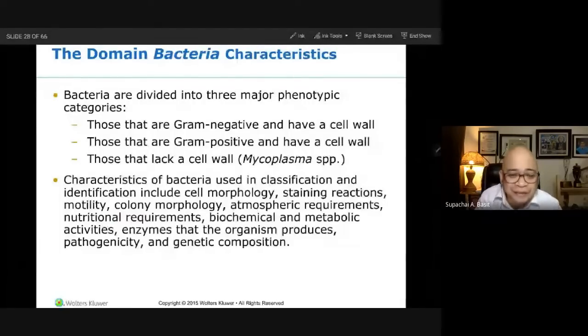This includes cell morphology, so we can classify whether they are cocci or bacilli. Staining reactions, whether they are gram-positive or gram-negative. Motility, whether they are motile or non-motile, depending on whether flagella are present. Colony morphology, atmospheric requirements, nutritional requirements, biochemical and metabolic activities, enzymes that the organism produces, pathogenicity, and genetic composition.